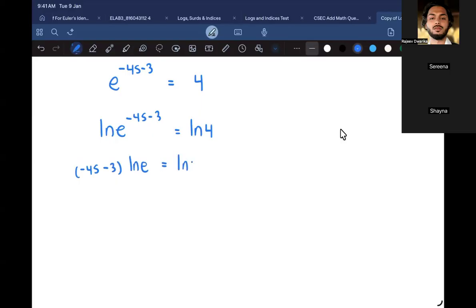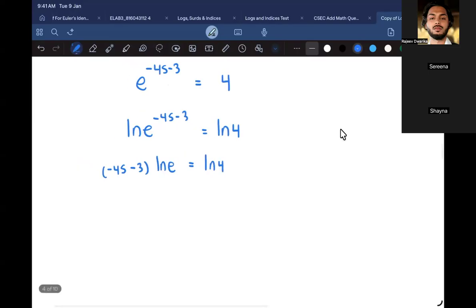What do you all think ln e is equal to? So I just told you guys that ln is the same thing as log base e. So what do you all think log base e would be equal to? 1. Shina, I agree. Log base e is 1.